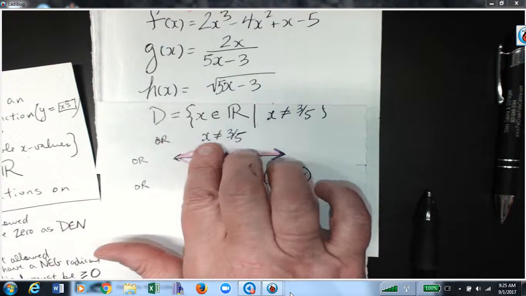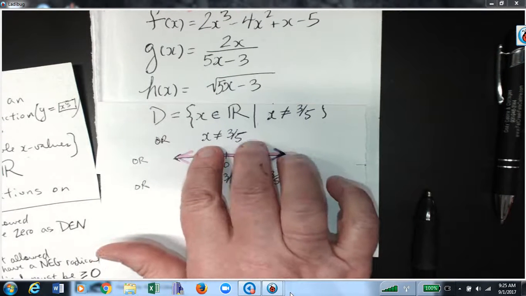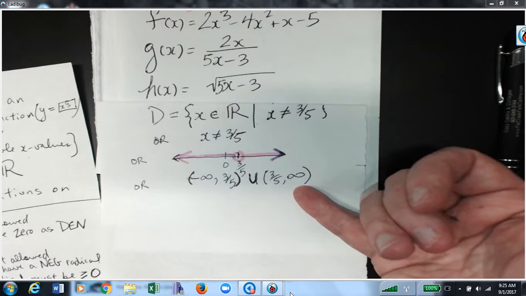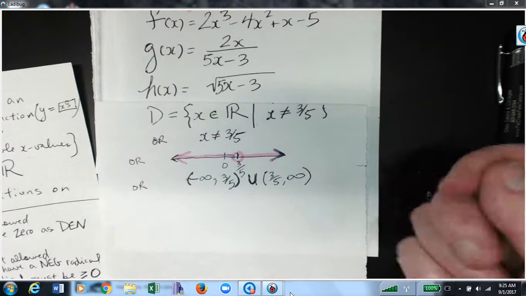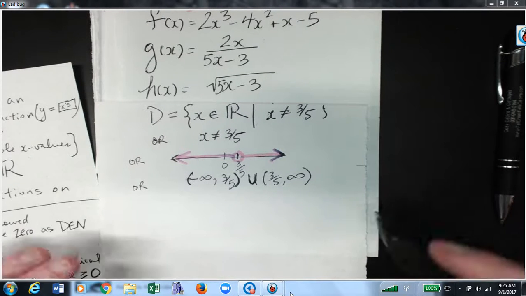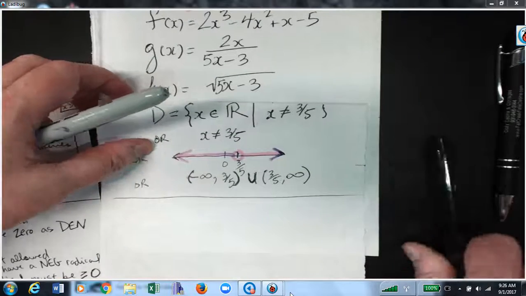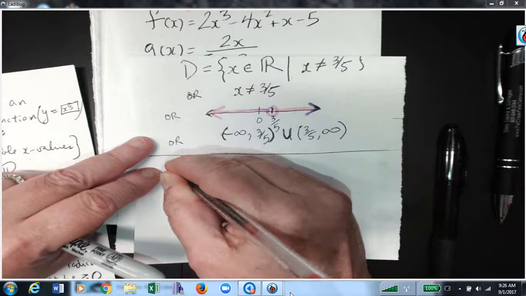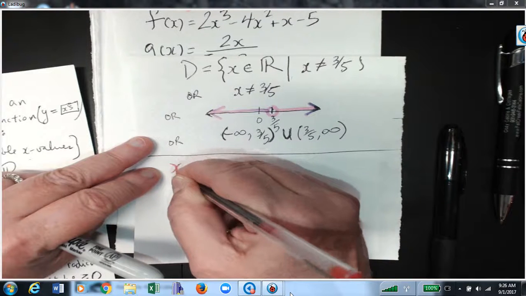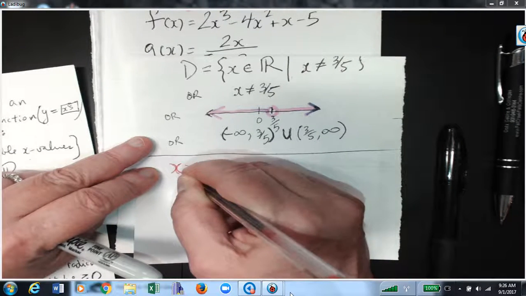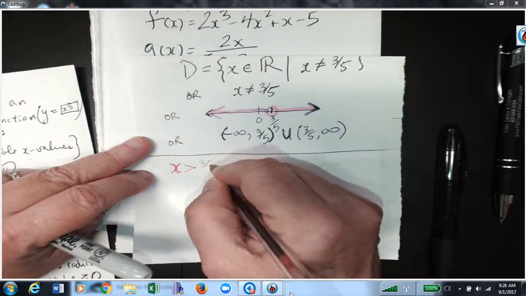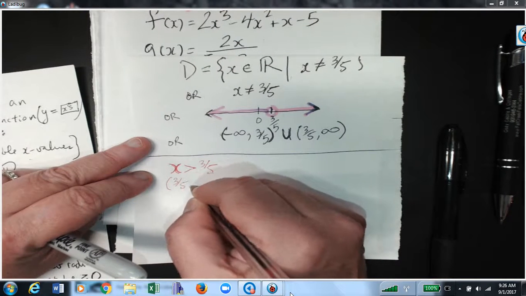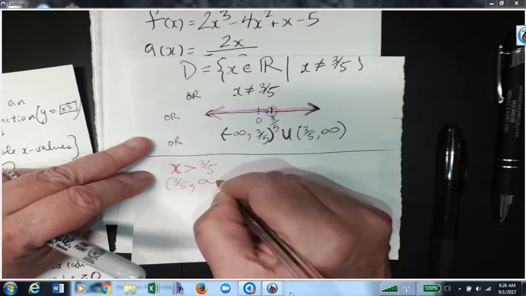So you might see x is not equal to 3/5, or in this way. Another selection might be, let me get a different colored pen, x is strictly greater than 3/5. So in interval notation, that would look like this.